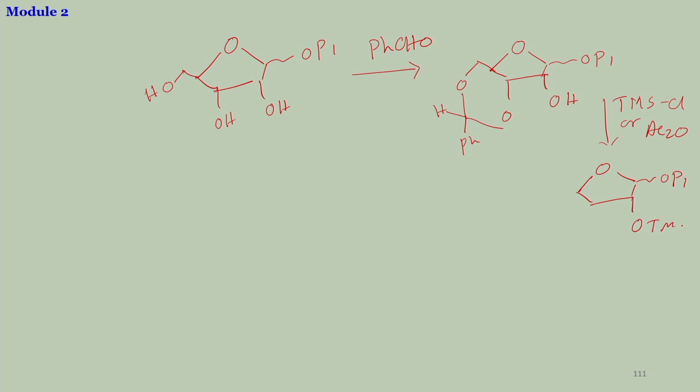So, this will be OTMS, or it can be OAc, and this will still remain protected, and then you can open this up. I am writing OP2; this will open up. So, you can get selective protection on the 2 prime position.